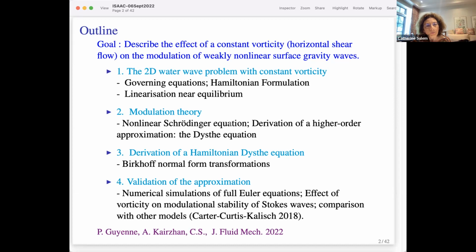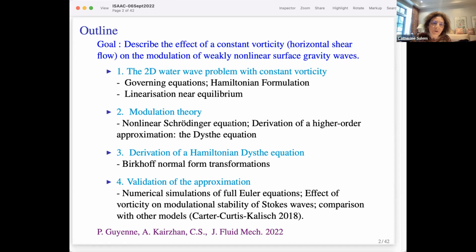In this context, the nonlinear Schrödinger equation, the famous approximation for the amplitude, was extended at a higher order by Dysthe, in the classical problem of water waves with 0 vorticity. Our effort here has been to derive a Dysthe equation that preserves the Hamiltonian character of the original problem.